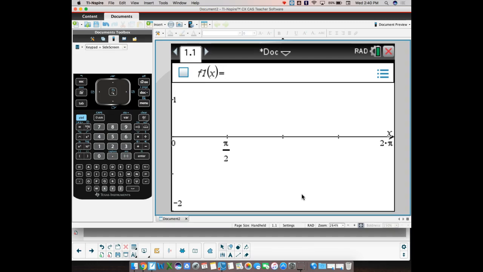Yours just rounded it to a decimal. Mine just has it as exact.